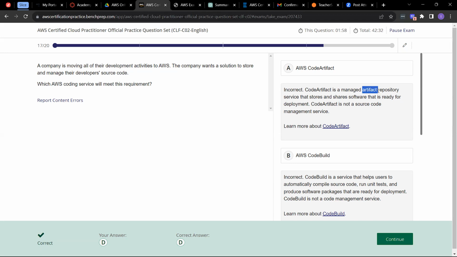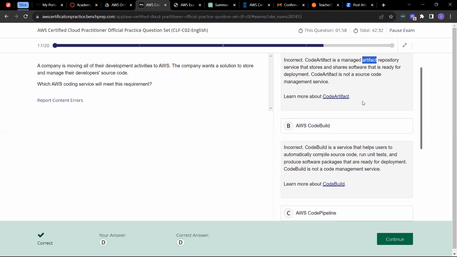We wanted the meaning of the artifact, but they still brought the artifact here. All right, so basically the artifact might be like a tangible thing. So ready software might be the artifact, right?